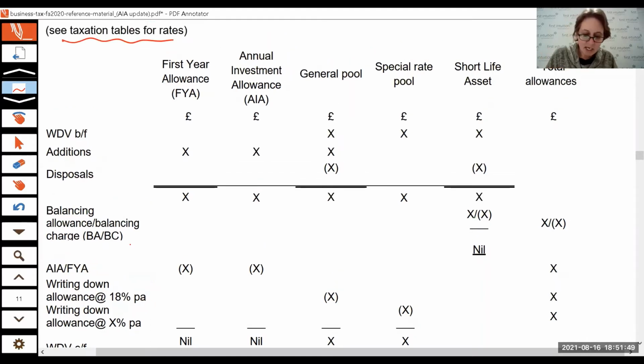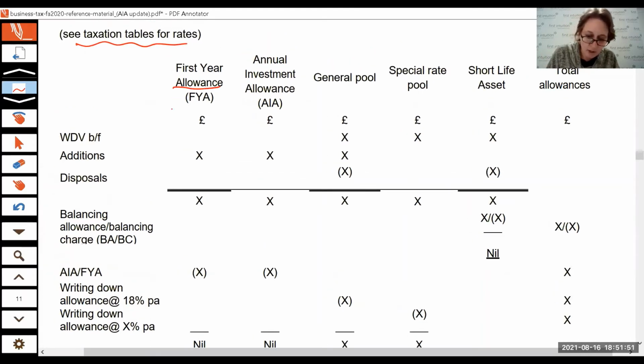So as you can see, you have the columns at the top: the first year allowance for our low emission cars, the annual investment allowance for our qualifying plant and machinery, the general pool will be used as well. You might have these special rate pool assets for these cars with the high emissions, the short life asset we've just talked about, and then of course our total allowances are all gathered together in the final column.